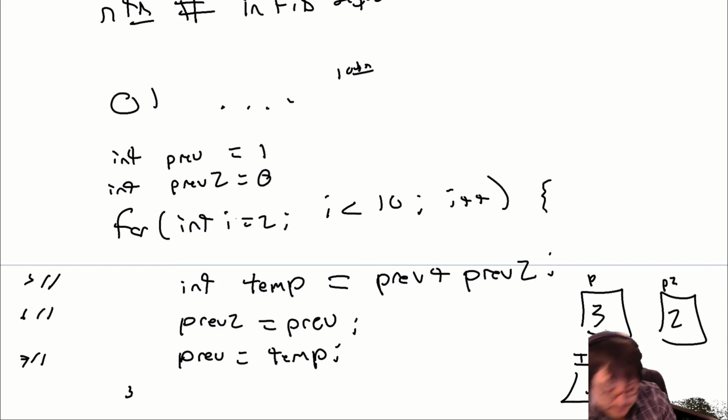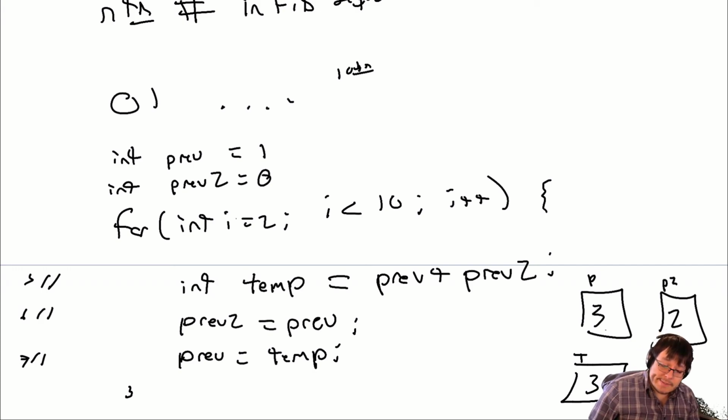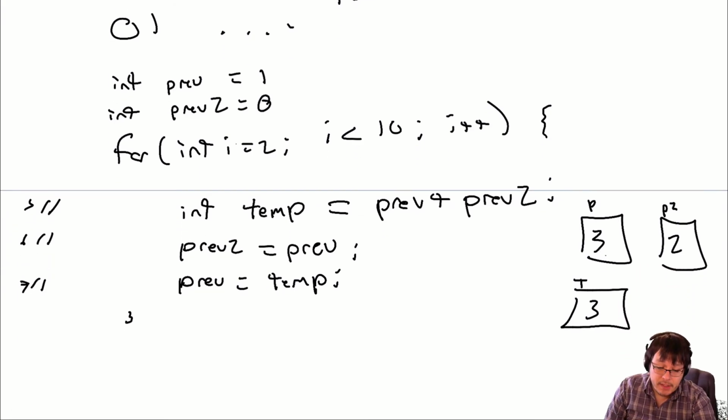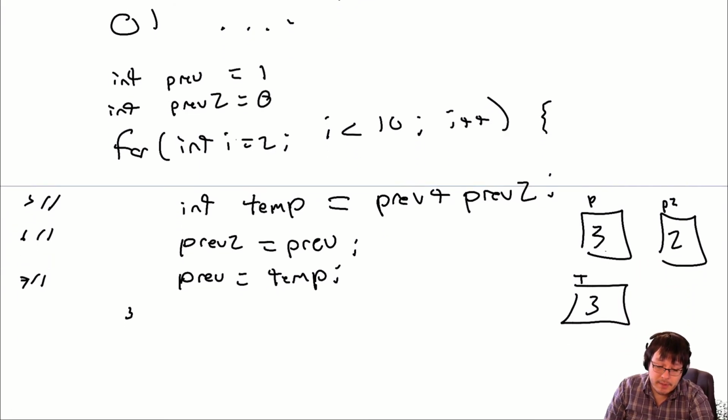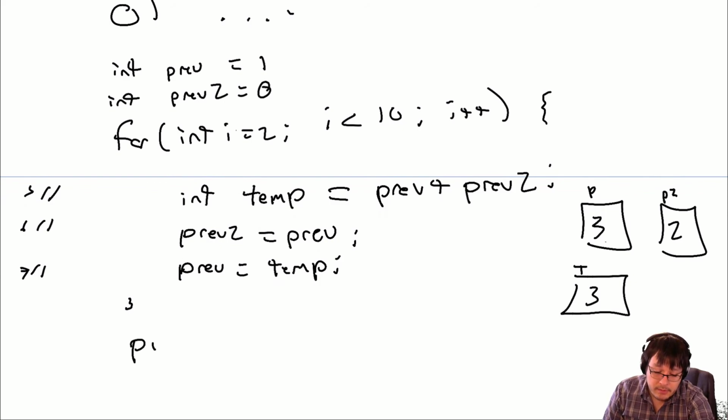Okay? And so on. And this is one way of solving this problem. Eventually, when this for loop finishes, I expect to have my answer in previous.